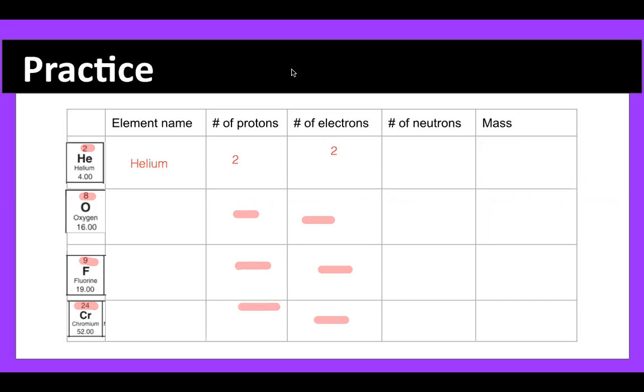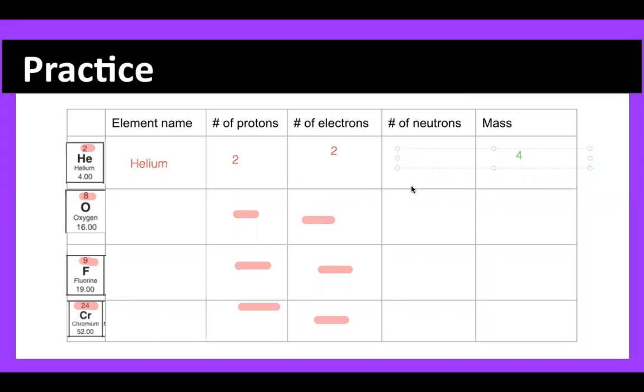All right, so what next? The number of neutrons. How are we going to tell the number of neutrons? The number of neutrons is basically mass minus the proton number. Let's start with the mass first. Mass is 4, so that means this is going to be 4 minus 2, which in this case is 2.